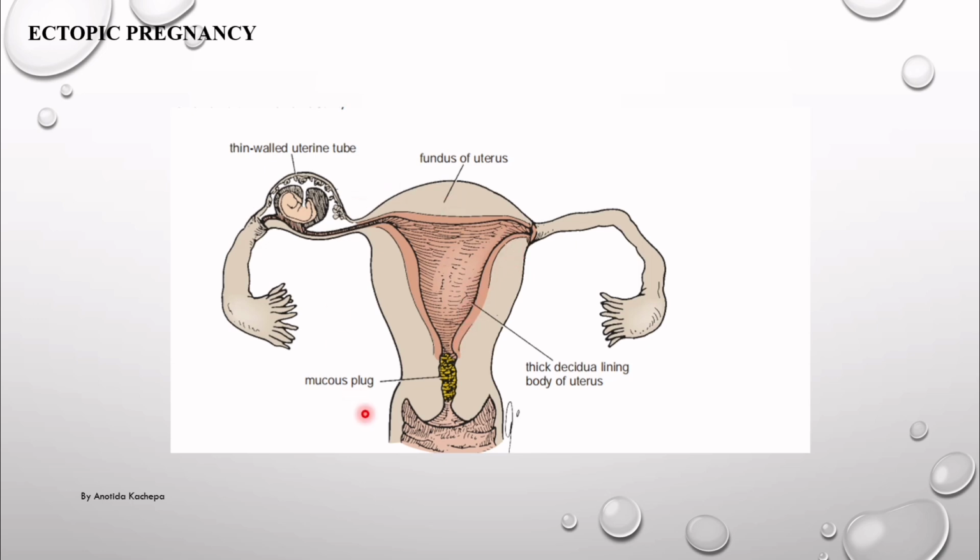The body of the uterus. Specifically, it's called the endometrium. It has the necessary glands and blood vessels which are conducive for implantation. However, the thin-walled uterine tube cannot fully accommodate this process.